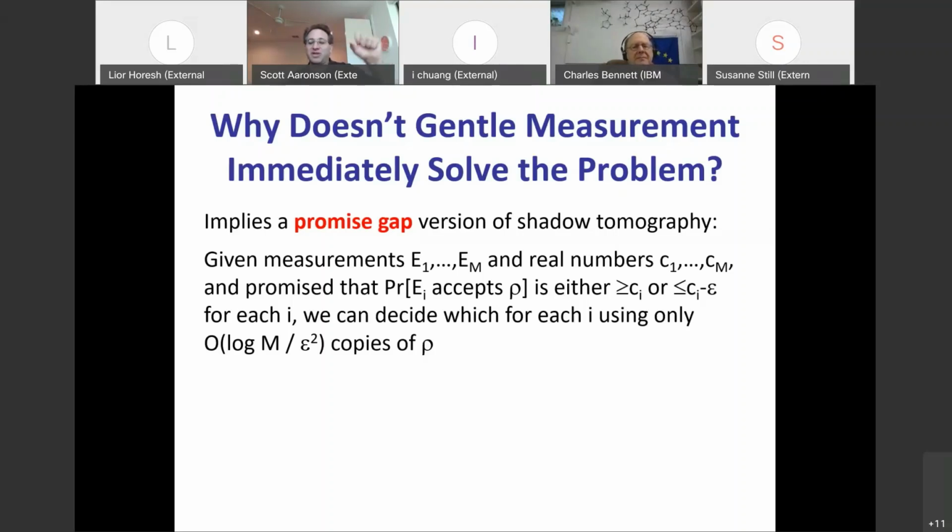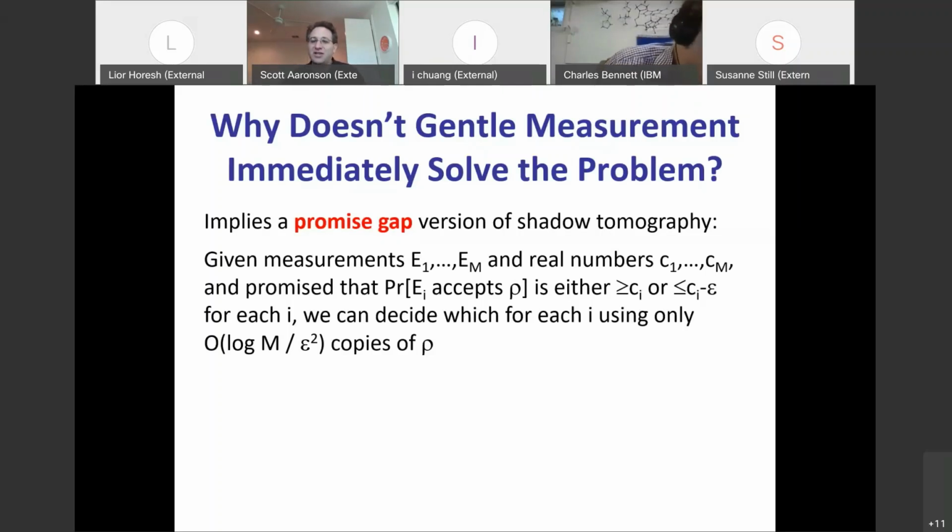for each measurement. Okay, then, just using gentle measurement on a relatively small number of copies of rho, we could easily figure out which side of the boundary we're on for each I. Okay, and each time we're not going to damage the state by very much.